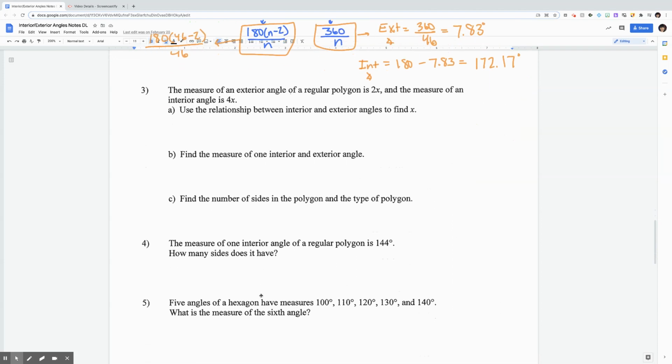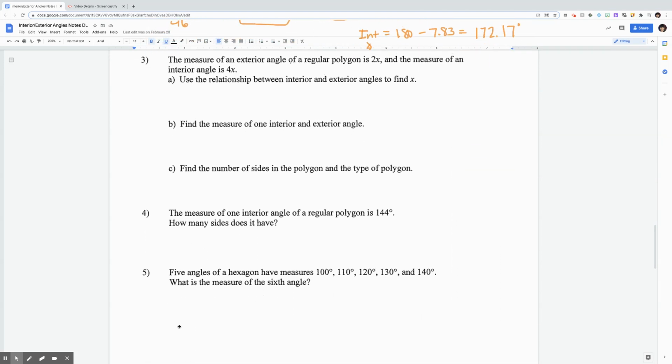All right, let's take a look at number 3. They tell us in this problem that the measure of one exterior angle in a regular polygon is 2x, and one interior angle is 4x.